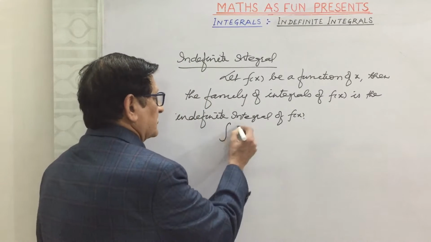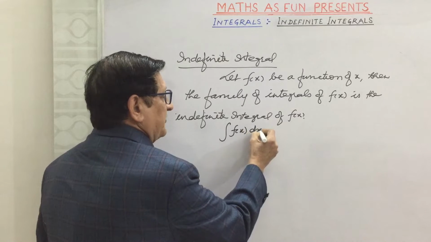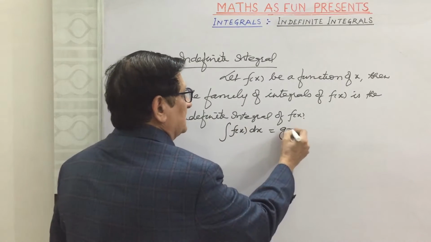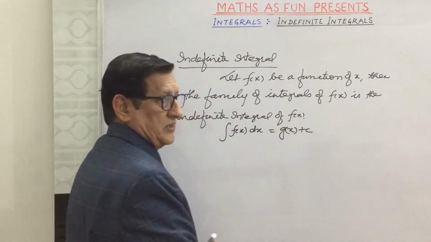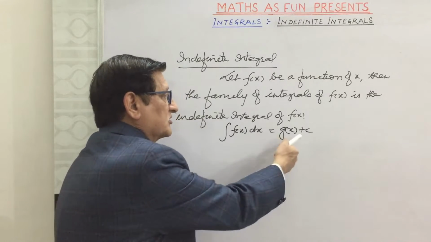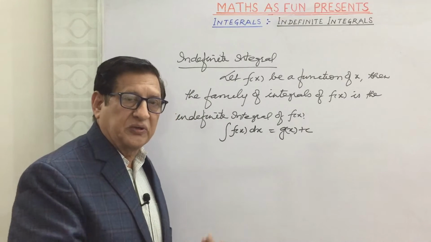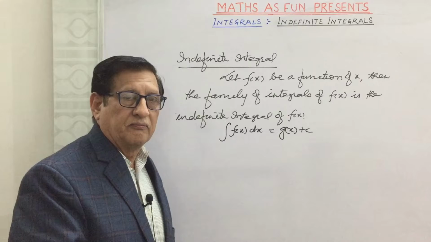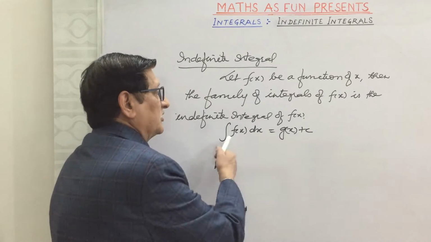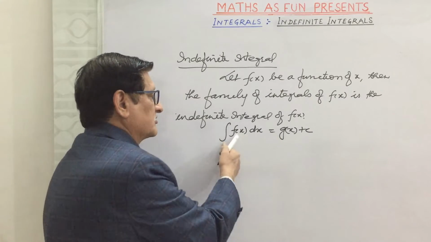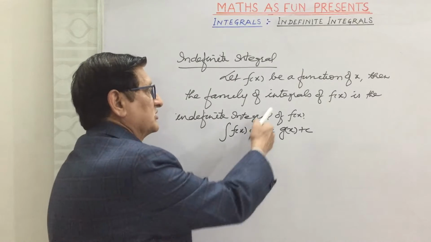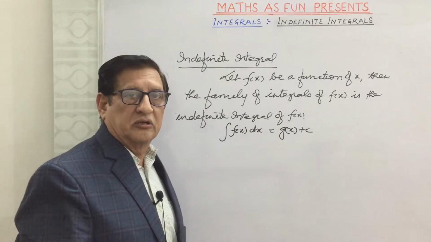Integral of f(x) with respect to x, suppose it is g(x) plus c. This c is known as the constant of integration. We have already learnt in the previous video, and because of this c only, this becomes the family of integrals of f(x) and it is known as the indefinite integral.